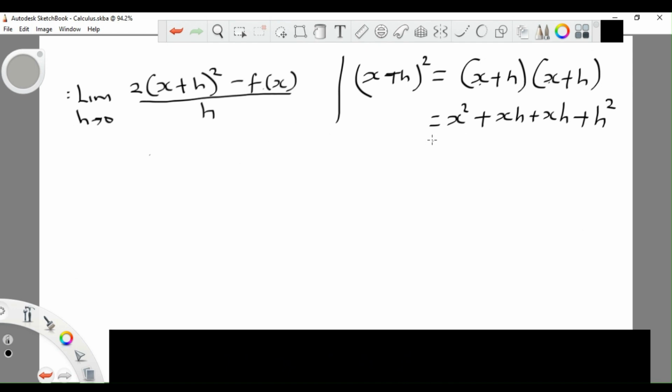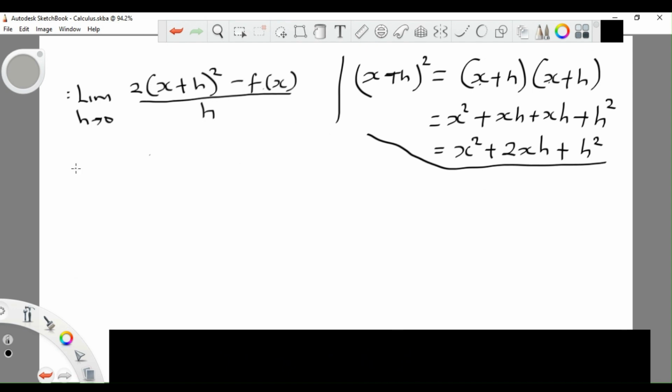So therefore, we have x squared plus xh plus xh is 2xh plus h squared. So therefore, x plus h all squared gives us this.